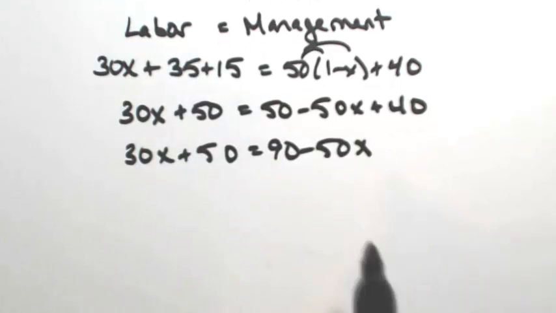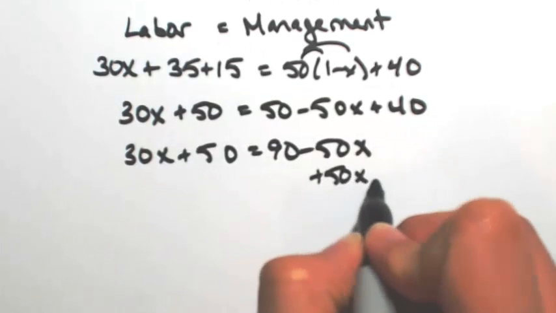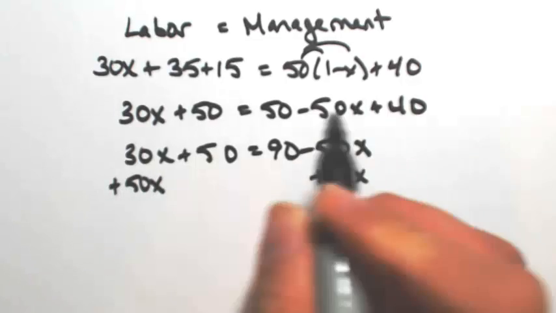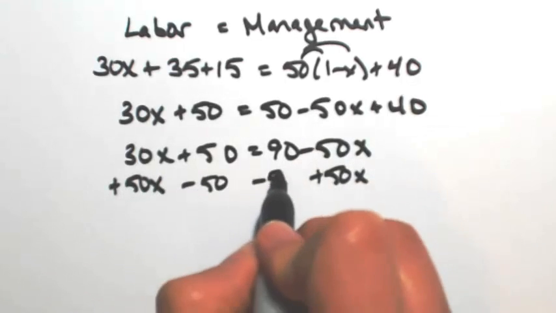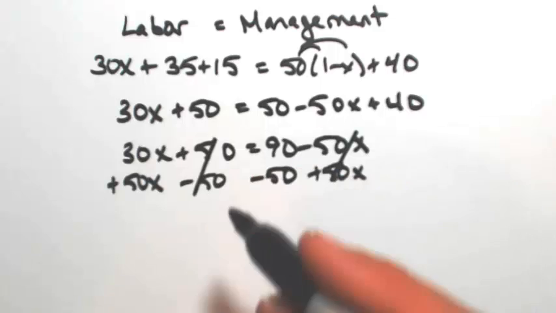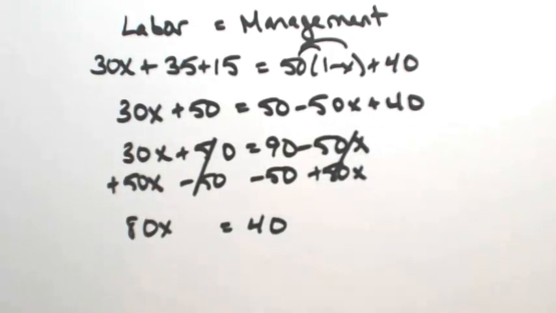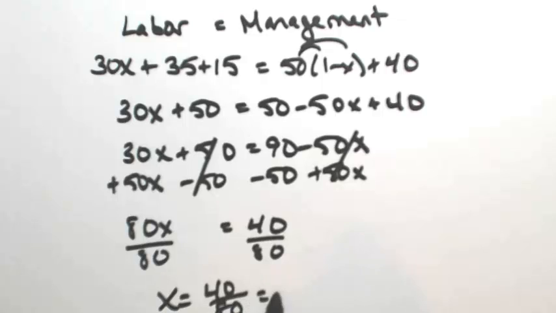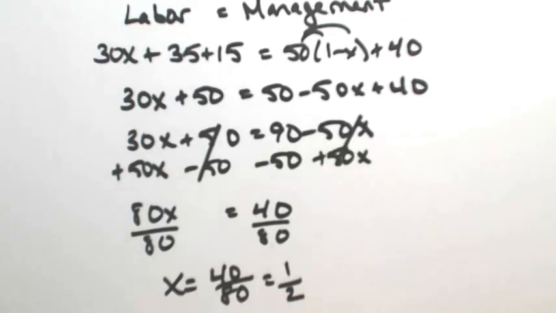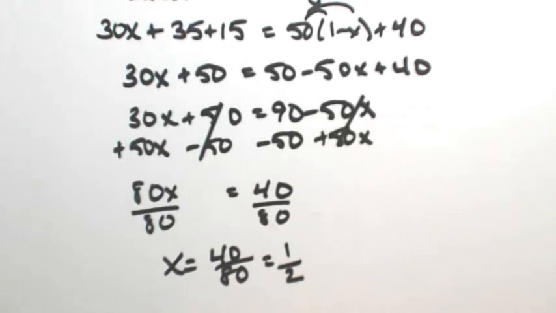So to get the x's together, I'm going to add 50x to both sides. And at the same time, subtract the 50. So 80x is going to equal 40. So dividing both sides by 80, x is 40 over 80, or 1/2. So this is actually a perfect split. Each one is going to get half of that item.